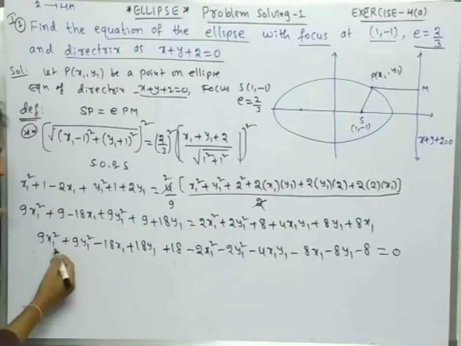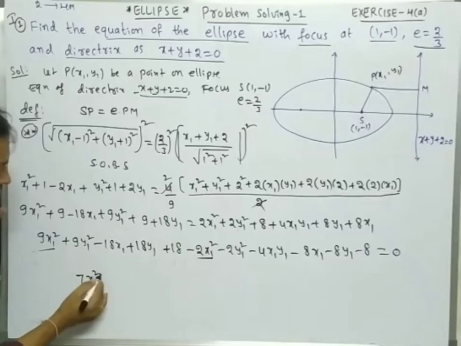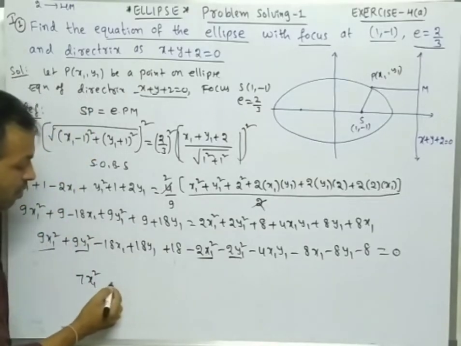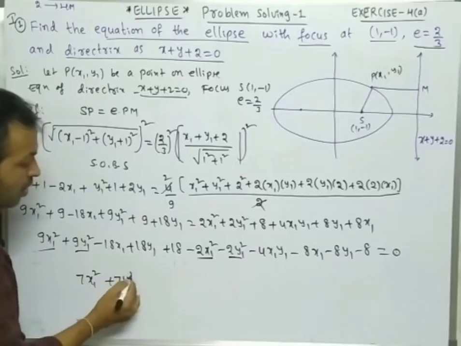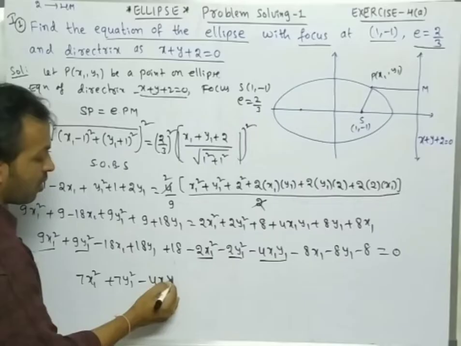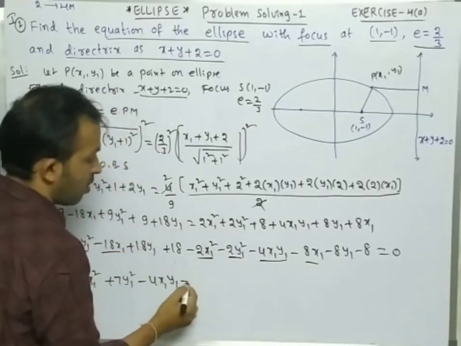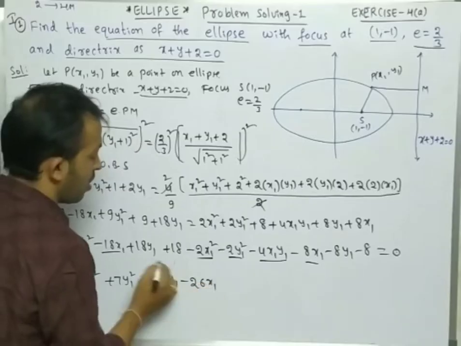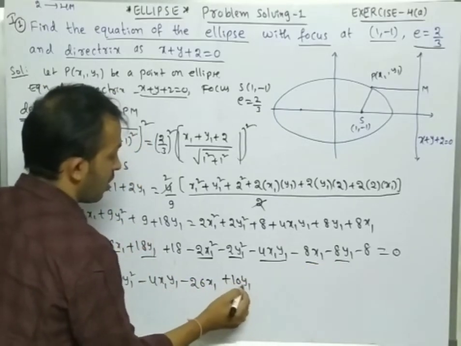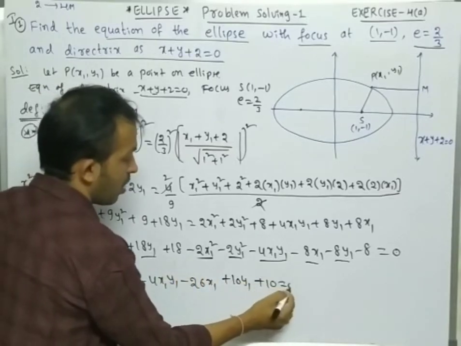Finally, 9x1 squared minus 2x1 squared is 7x1 squared, 9y1 squared minus 2y1 squared is 7y1 squared, minus 4x1y1, minus 18x1 minus 8x1 is minus 26x1, 18y1 minus 8y1 is 10y1, and 18 minus 8 is 10, equal to 0.